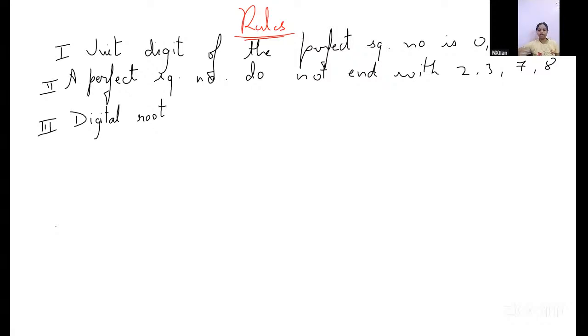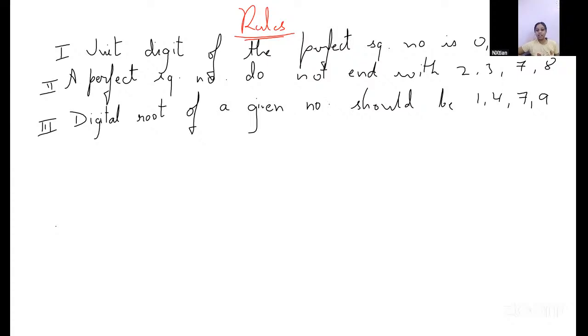Okay. Third thing, digital root of the given number. I'll explain what is digital root and how to calculate it. The digital root of a given number should be 1 or 7 or 9.